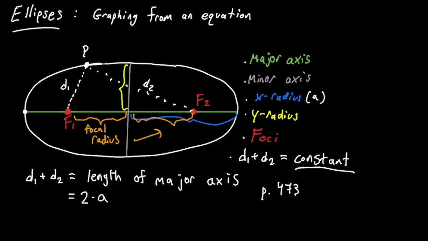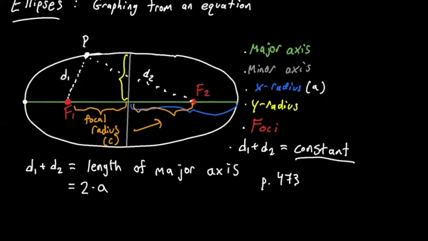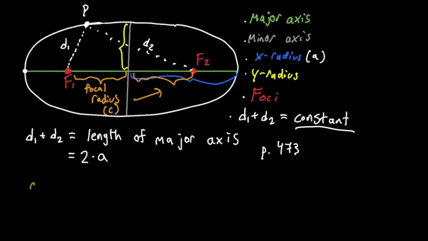If we call that focal radius c, then in order to find c, we can take c squared is equal to a squared minus b squared. And so this equation comes from the Pythagorean theorem.